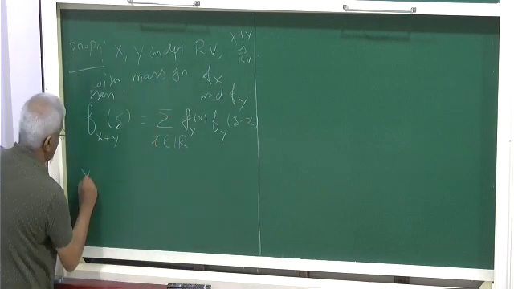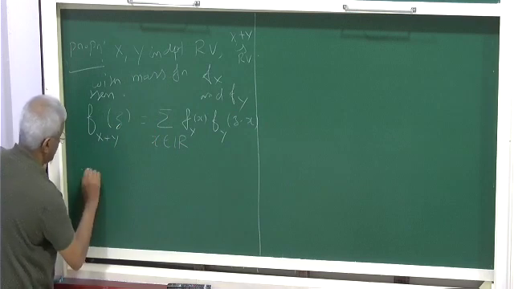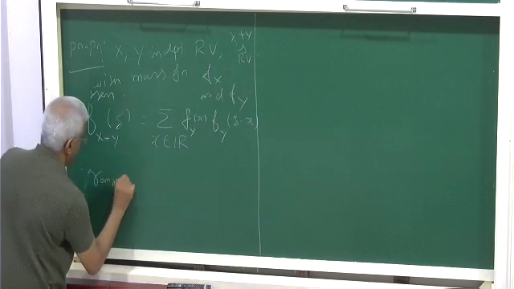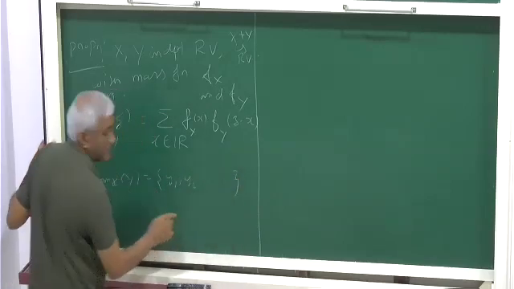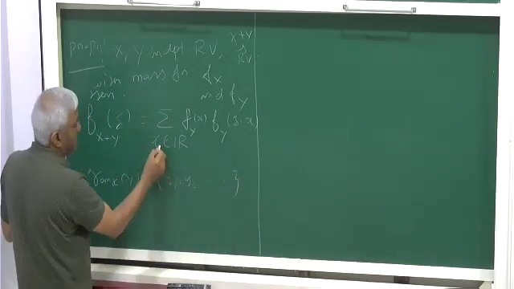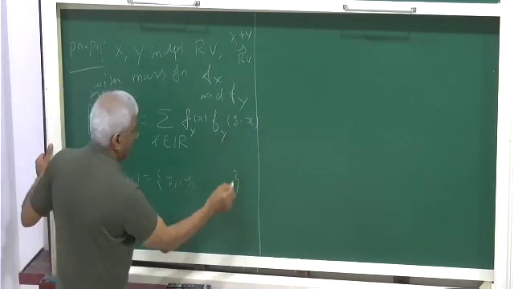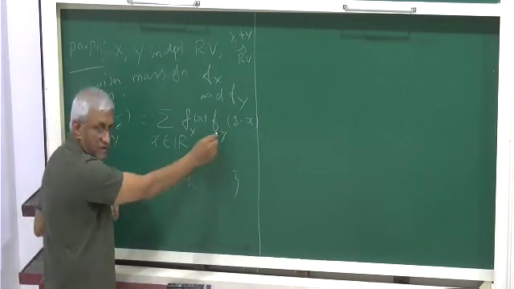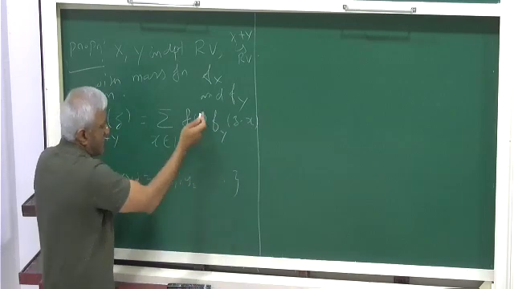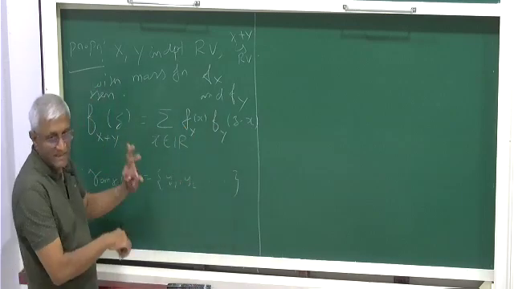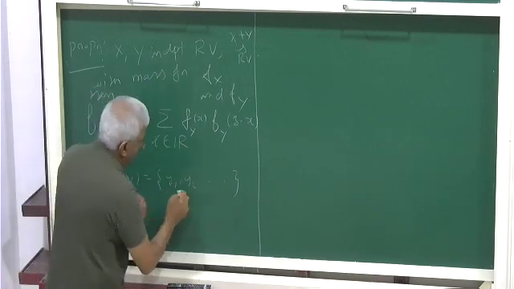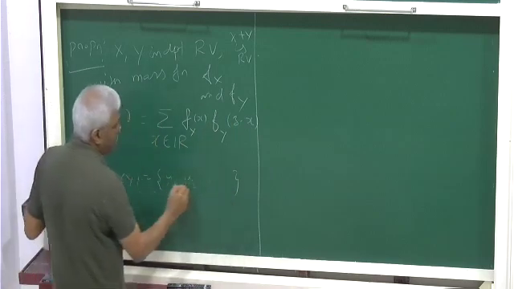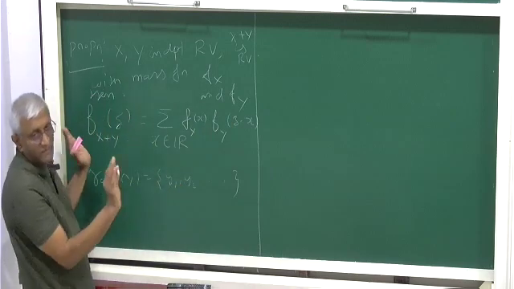Suppose the range of y equals some y1, y2, and so on. Then z minus x takes a positive value only if it is in that range, and sometimes it may not even exist. That doesn't matter, because except at these points it has probability 0.